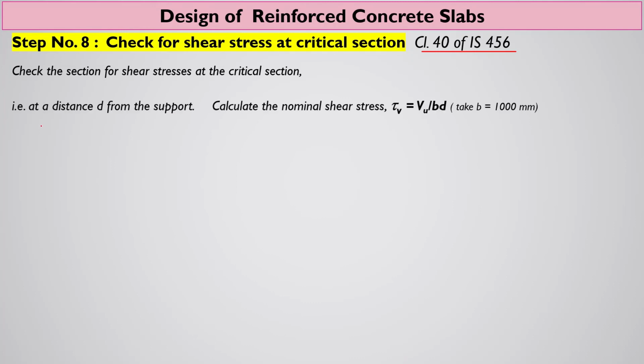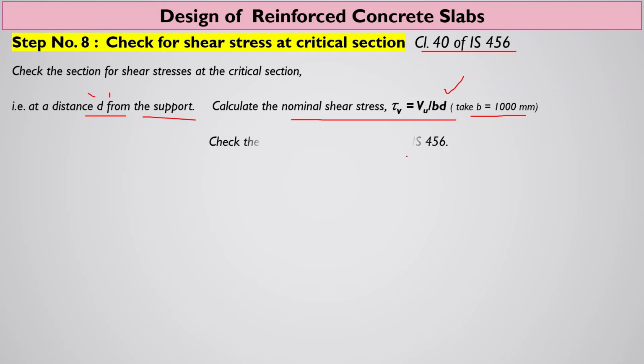It is at a distance equal to effective depth from the face of the support, and accordingly we can calculate the nominal shear stress that is given by the formula already we have used in case of design of beams. But here again you have to take width equal to 1000 millimeter. So accordingly you can work out what will be the value of tau v, that is the nominal shear stress.